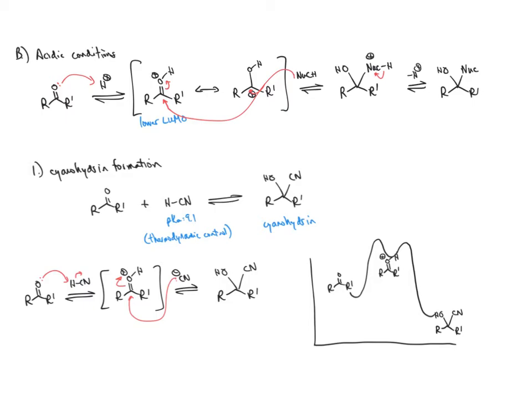And so there is an equilibrium constant associated with this type of reaction. And so we want to consider what the effect of having that equilibrium constant is. Consider the following two cases. So let's say we have acetaldehyde versus acetone.